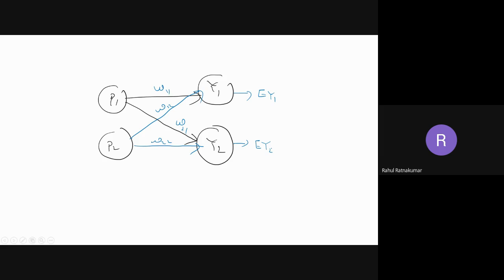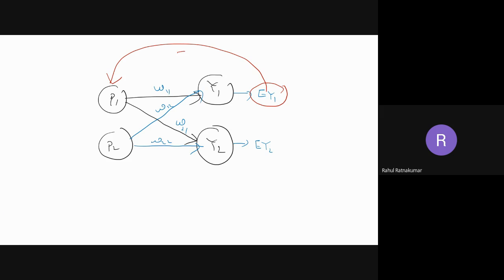Now, how am I going to propagate this error into my neurons' weights? How am I going to reduce the weights? Based on this error EY1, it has to be utilized to change the weights of input parameter P1.